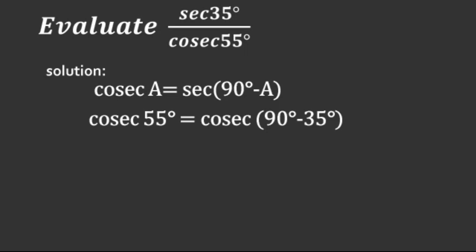But cosecant of 90 minus 35 equal to secant 35. So cosecant 55 degrees is equal to secant 35 degrees.